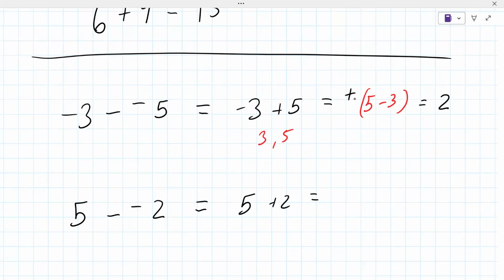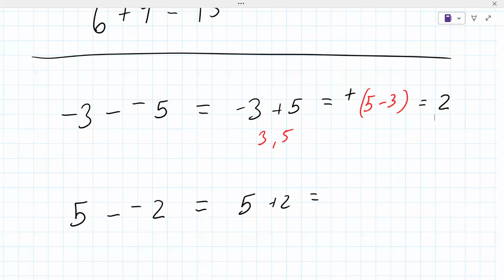We're going to get this. How about the bottom one? What does it become? Give me one last second so I can fix the problem. 5, subtract 2. Okay, I got it.